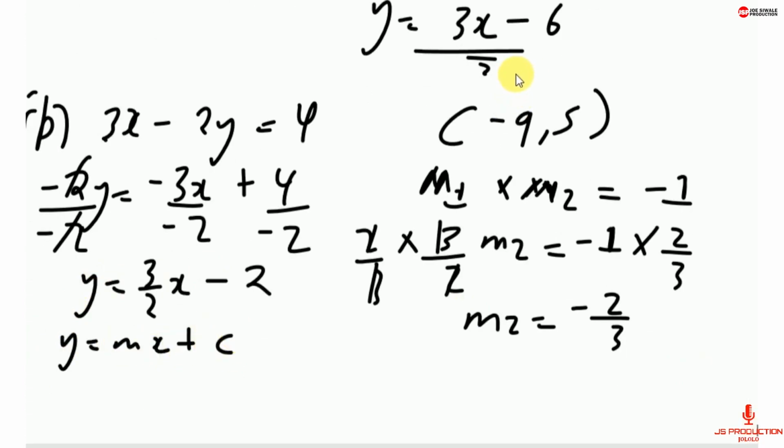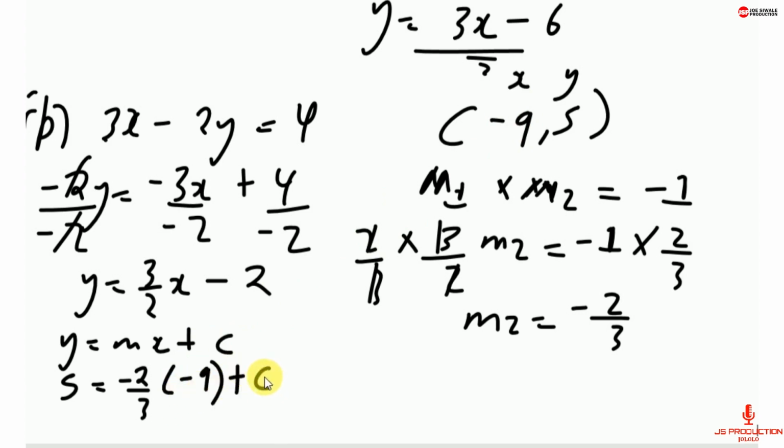So we know that our x, that's our y, so our y there, that's 5, is equal to our gradient there, it's negative 2 over 3, and our x we know that's negative 9, plus c.